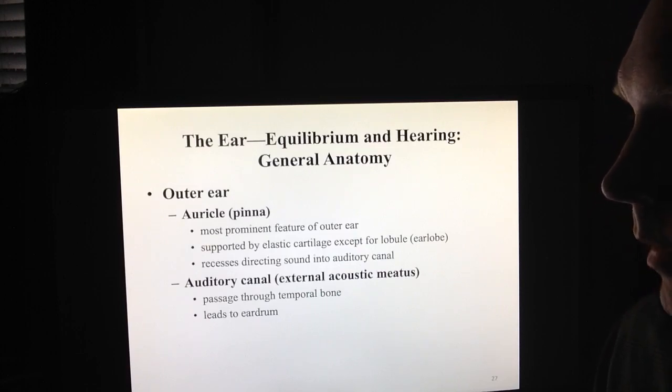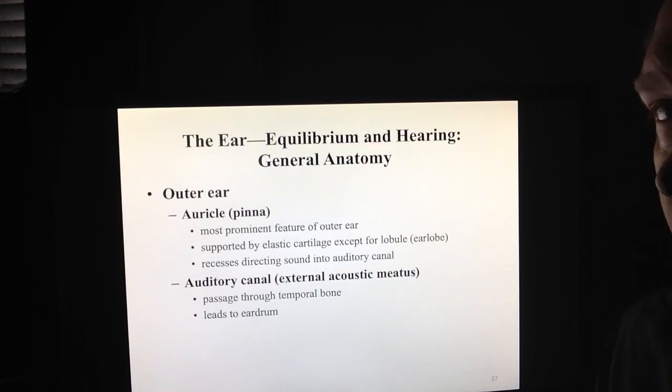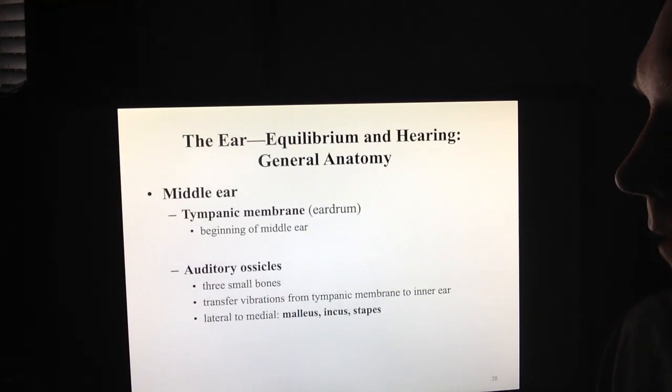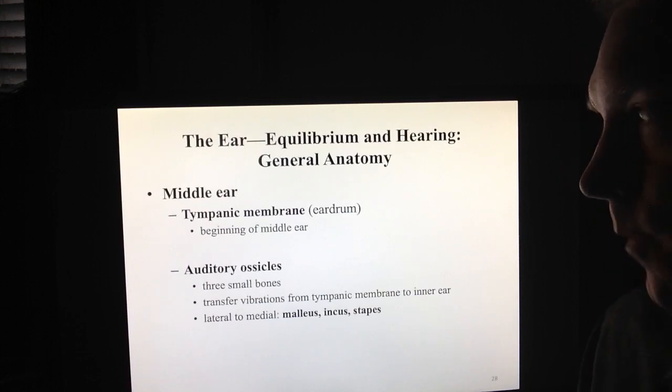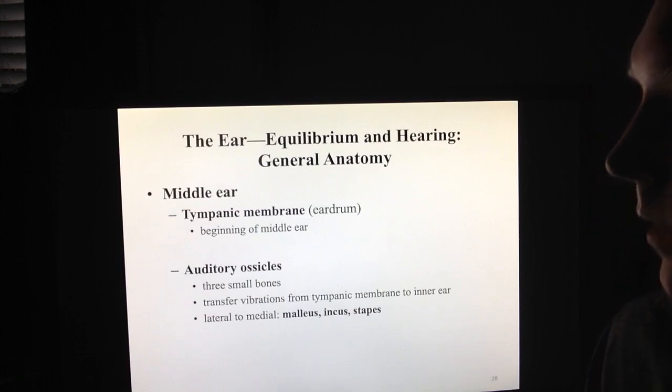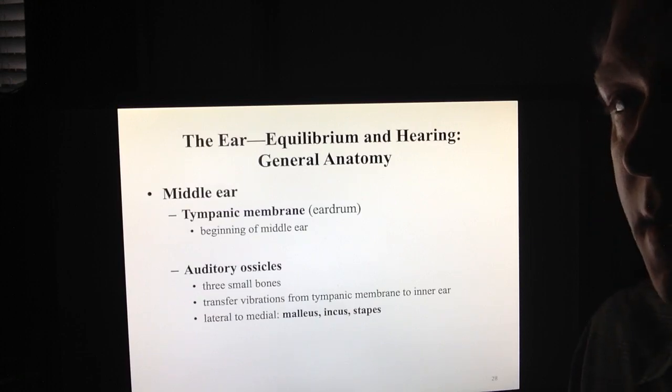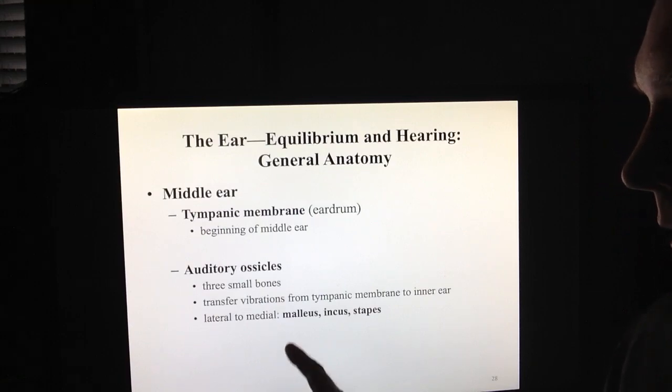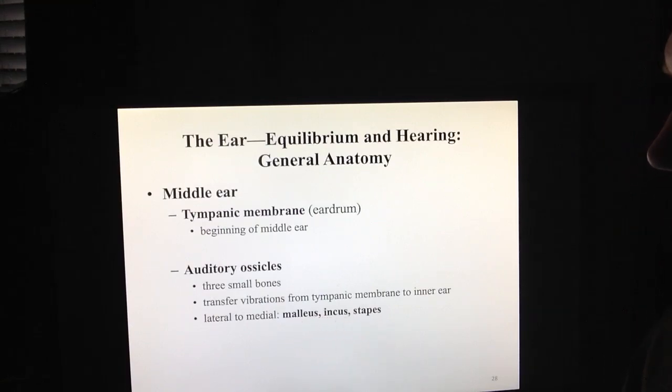All right, so the auricle, pinna, is the outer ear. The auditory canal is the opening that you can put your finger in, your ear hole. The tympanic membrane is the eardrum. We need to know that. And so from outside to inside, sound would hit the pinna or the auricle, that outer ear, go into the auditory canal, vibrate the tympanic membrane, which is the eardrum, vibrate the three bones we need to know in order: malleus, incus, stapes.